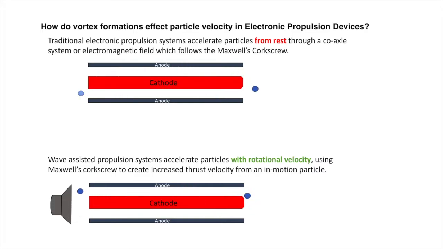Since these particles move from rest, Newton's first law says an object at rest stays at rest unless a force is applied, and a lot of that force is going to go into getting it to move. In wave-assisted propulsion systems, they accelerate the particles with a rotational velocity, using Maxwell's corkscrew to increase the velocity. So we're not accelerating it from rest, we're just increasing the velocity, which means it's already moving when it comes out.